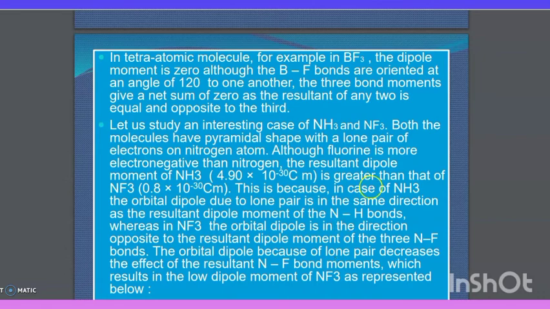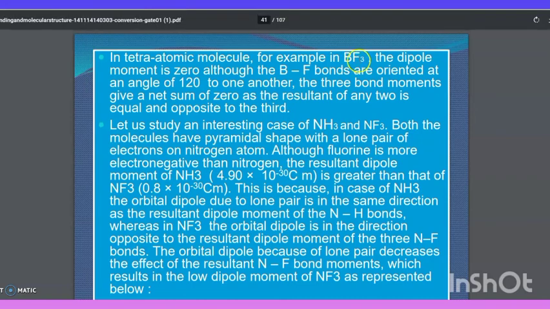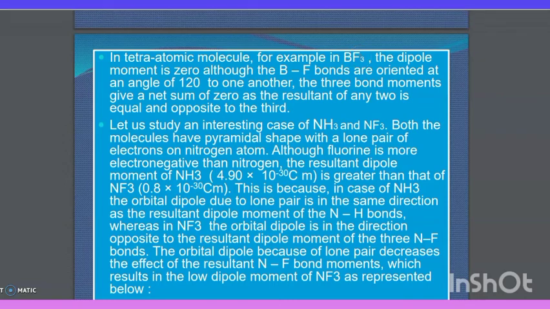For example, BF3: there are 4 atoms, 1 boron atom and 3 fluorine atoms. The dipole moment is 0 because in the BF3 molecule, the electron cloud moves simultaneously towards the 3 fluorine atoms. So the net dipole moment will be 0, because they are equally distributed.